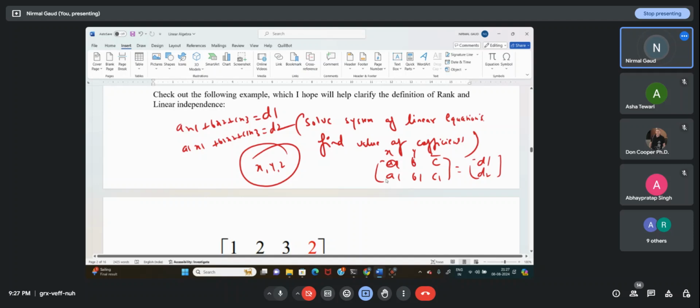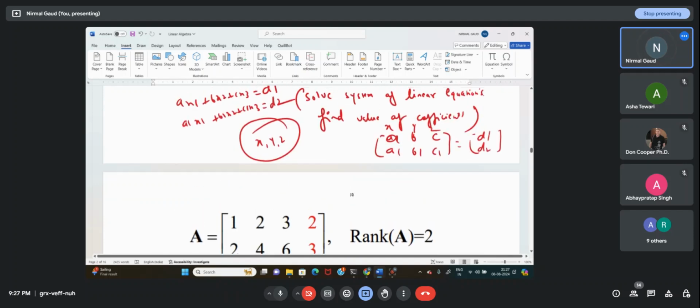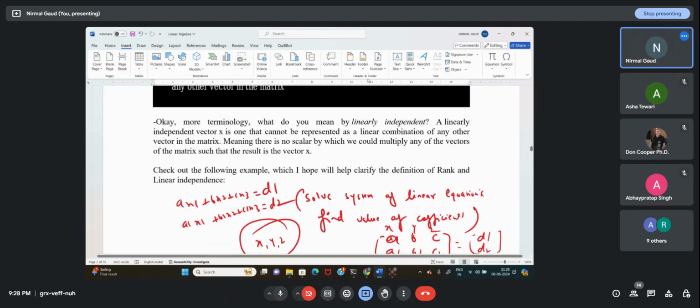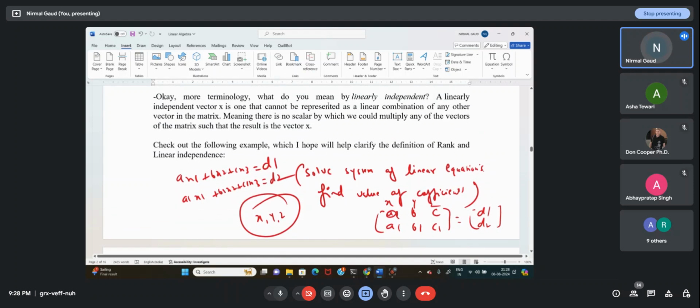Okay, fine. So here we want to use the matrices, and that's one of the reasons. Now one more thing, in matrices, I hope you have heard about this term rank, to identify the rank of a matrix.